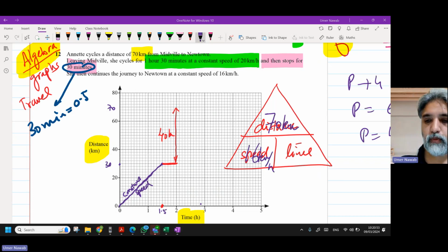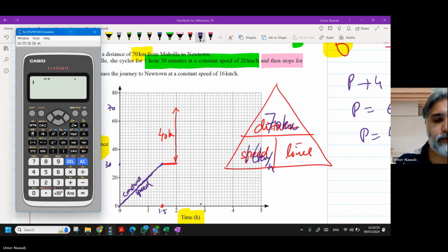So let's do distance over speed. That gives you the answer 35 over 8, and this is in hours, 4.375 hours. I want to convert it into hours and minutes, guys. Just press this. It converts into 4 hours, 22 minutes, 30 seconds.